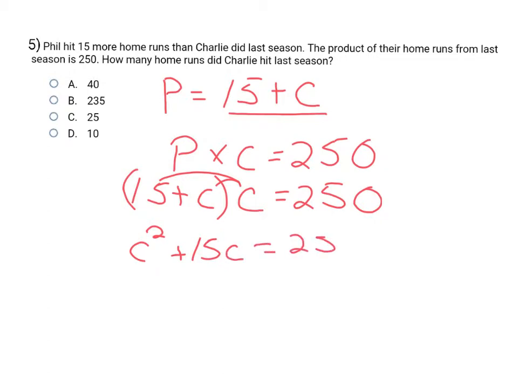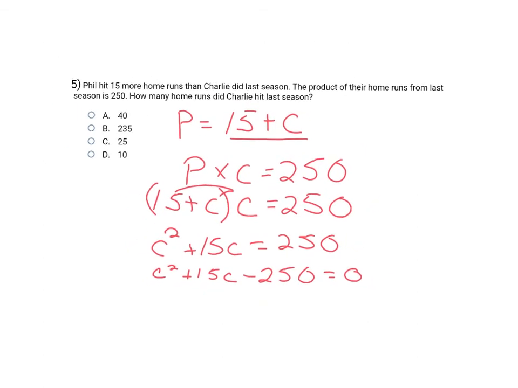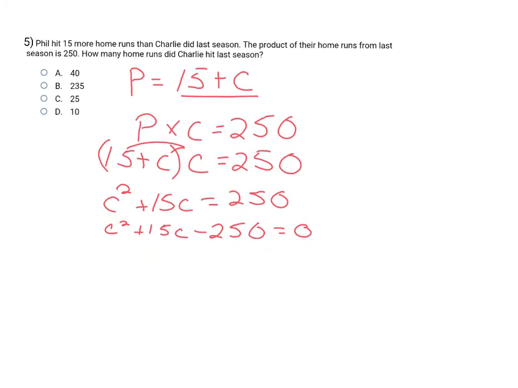And so in order to solve a quadratic, I'm going to have to set this equal to 0. So I'm going to have C squared plus 15C, and then when I bring that 250 over, I subtract it from both sides, and that's going to equal 0. And so now to solve this quadratic, you could use the quadratic formula, you could use factoring. I'm going to go ahead and use factoring.